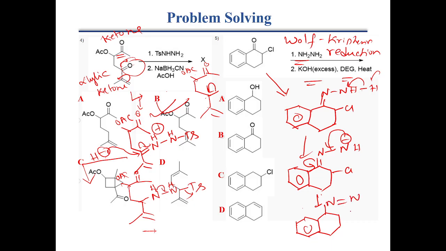Now this negative charge will abstract a proton from the ethylene glycol and get protonated. Further abstraction of this proton through the base.